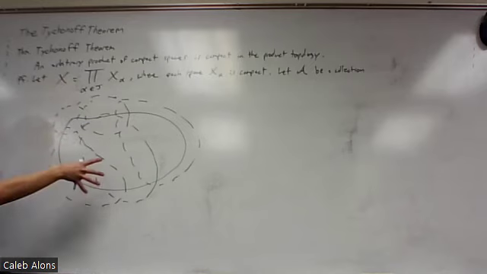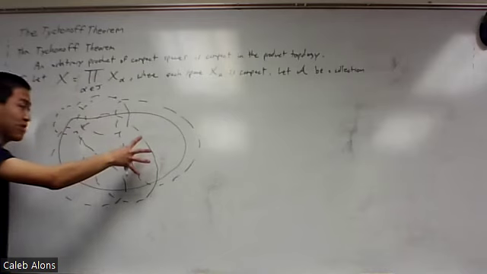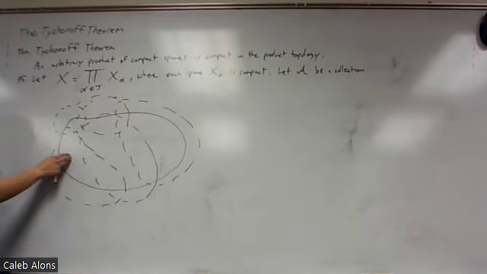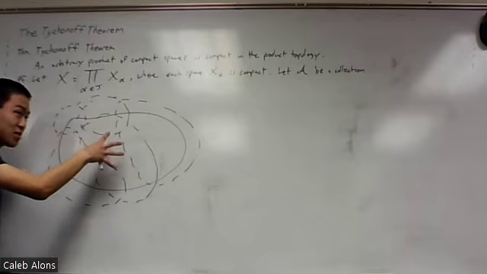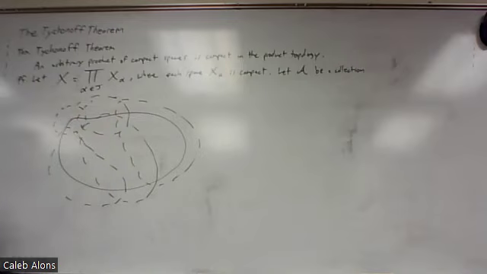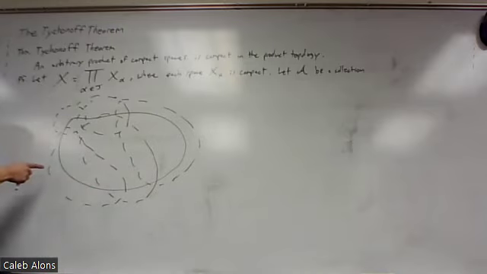This is only one example. There's an infinite number of ways I could choose to do this, but the key is for every single possible way I could cover this with open sets, I only require a finite number of them. Because you can get overlap, because if you're making your bed, you don't need every single blanket to technically cover the mattress. You've already done that with the bottom sheet. But then we add extra stuff, but you technically don't need those to still cover the thing. So we're saying, regardless of what kind of open covering you take, you will always be able to strip it down to just a finite number of things necessary to cover everything. So that's one interpretation of compactness.